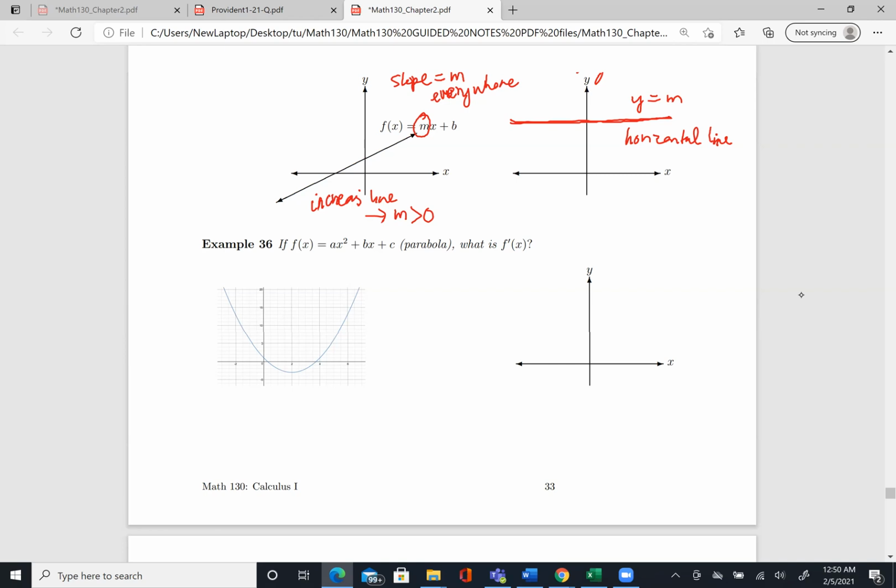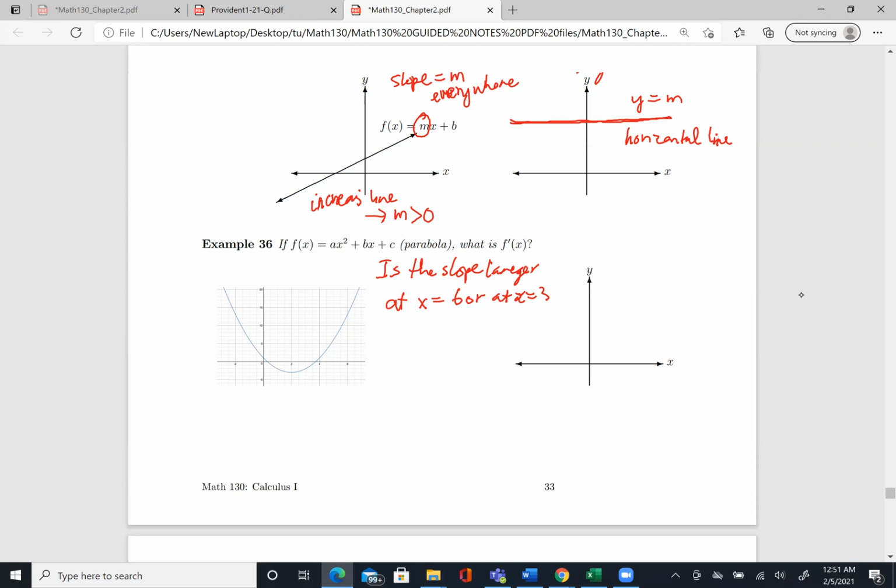You should try to think about this question: is the slope larger at x equal to 6 or at x equal to 3?